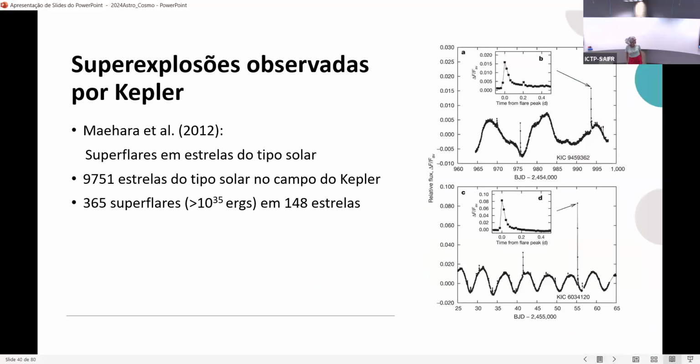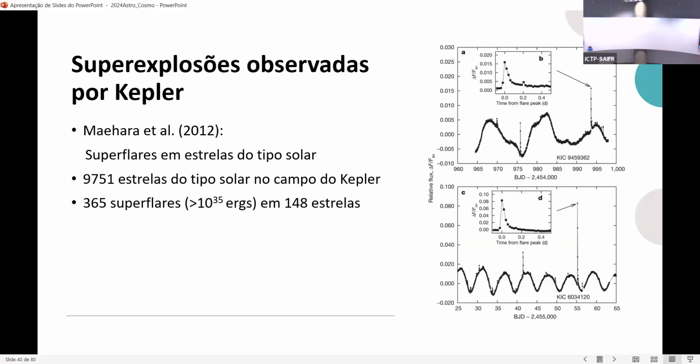Flares. Okay, so Maehara et al. in 2012, from data from the Kepler satellite, detected this huge effect. It had been detected before, but because Kepler had such precise observations, it was a space mission which observed about 200,000 stars for almost 4 years.